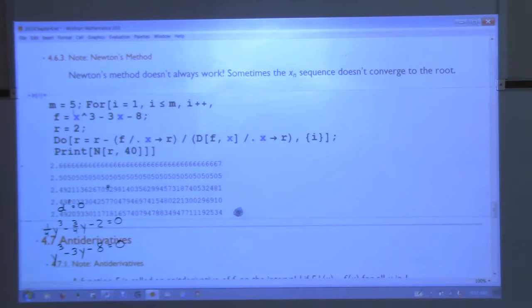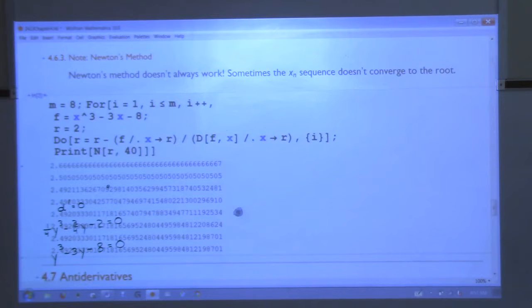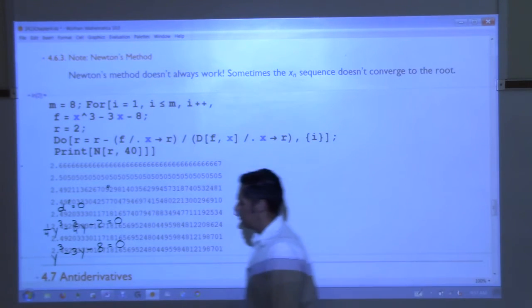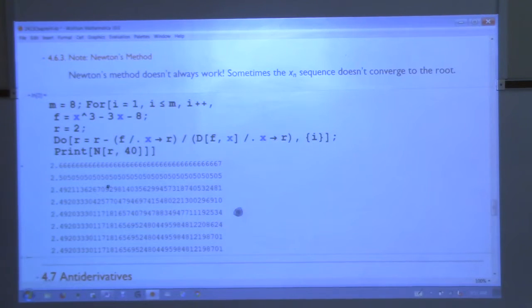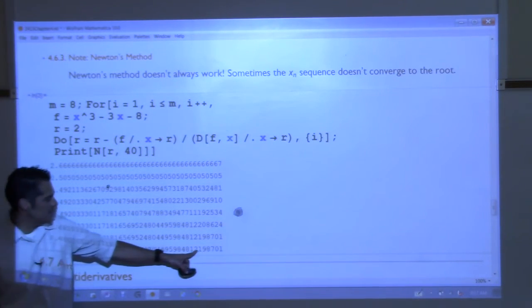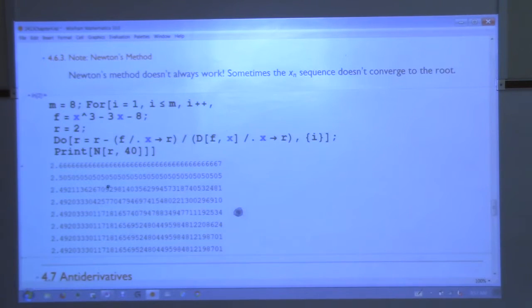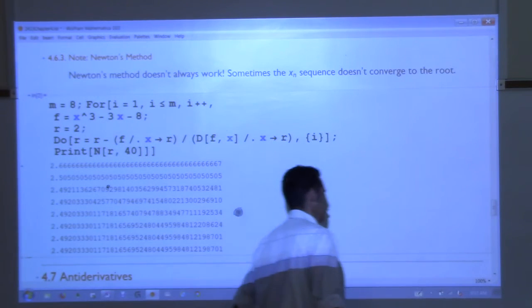I only did 5 iterations, so let me just be safe and do 8 iterations. I think we're there. Let me erase this. Looks like about 2.492. I think we've got a pretty accurate answer here. Let's go with 2.492, all right?